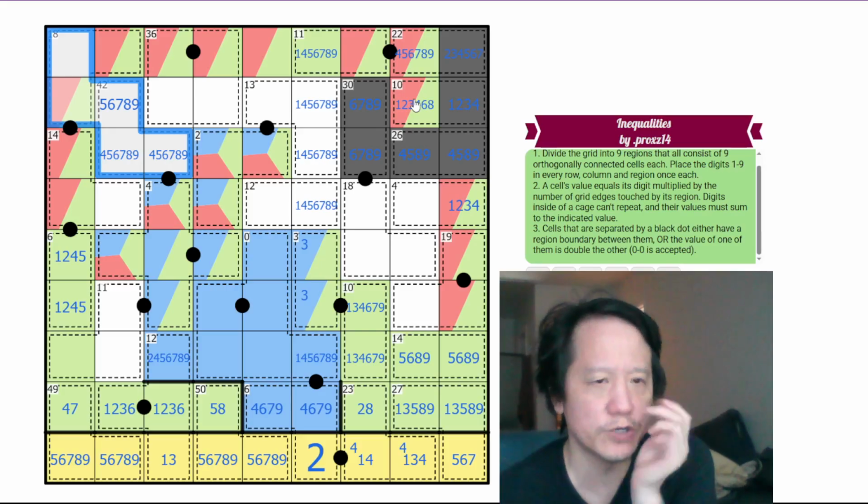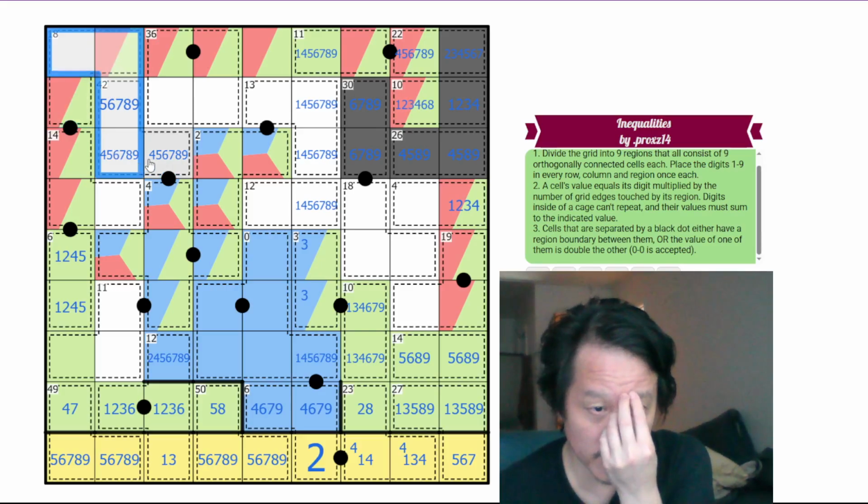We have 4 more that we can attach to. Be 5 there, 5 there.